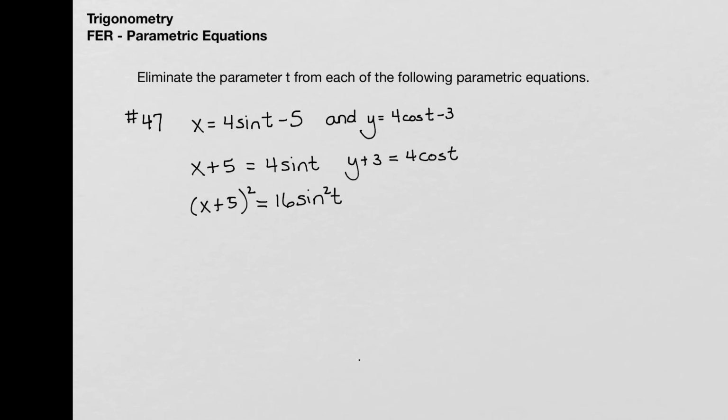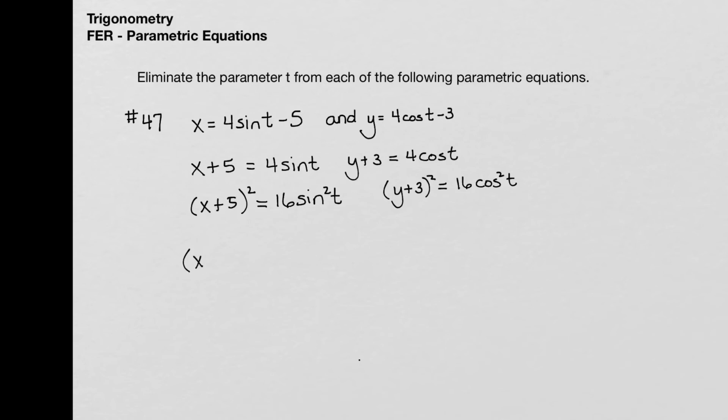And then for my second equation, I have y plus 3 quantity squared equals 16 cosine squared t. Okay. So again, I'll add the left-hand sides and add the right-hand sides.